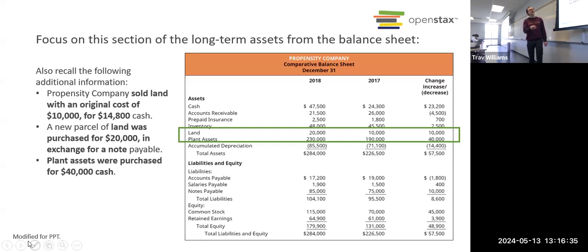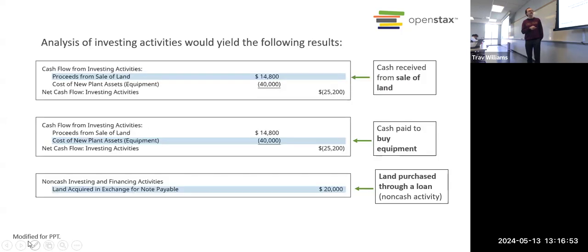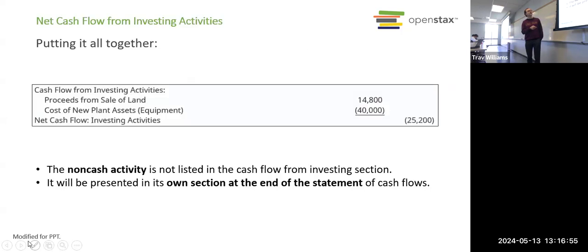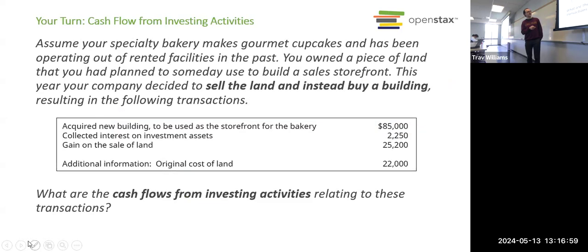And so what we see on the balance sheet, if we compare last year to this year, you see the net change, but you don't see all the details. You have to know what those other details were to figure out the impact on cash. So while we look at the balance sheet for some information, it doesn't tell us everything we need to know for the investing and financing sections.